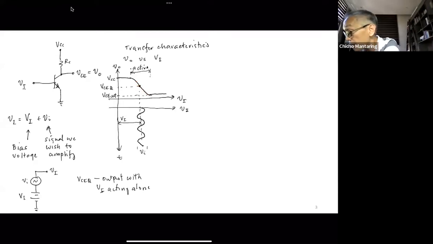So I can plot, for example, my output versus time. When my input is increasing, my output will be decreasing. And when my input is decreasing, my output will be increasing.